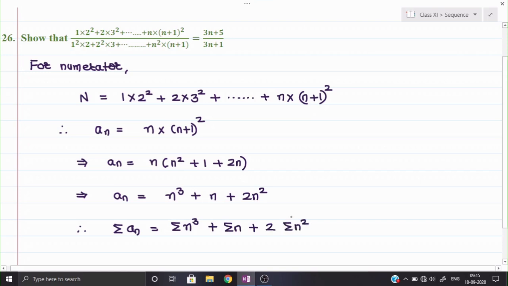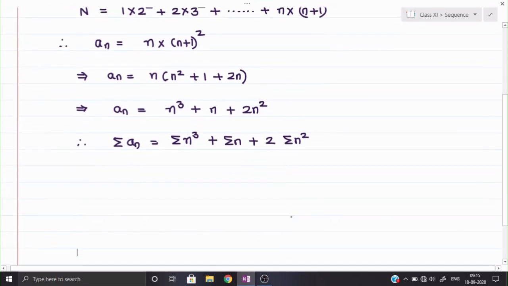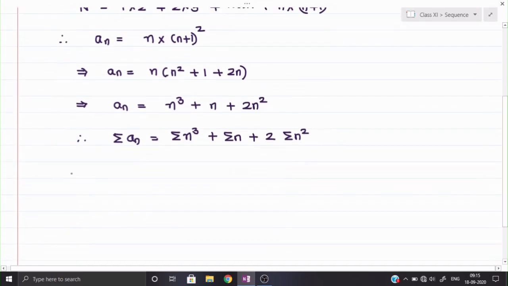Let us put in the values. These values you know very well. Summation of an we can denote by the symbol S1, meaning the sum of the numerator, or you can also say Sn. The formula for summation of n cube is n into (n plus 1) divided by 2, the whole power 2.